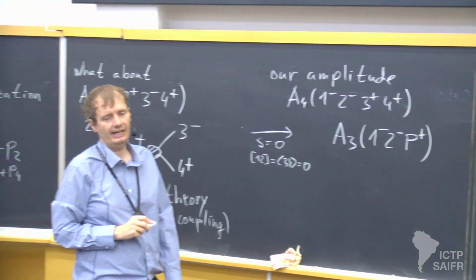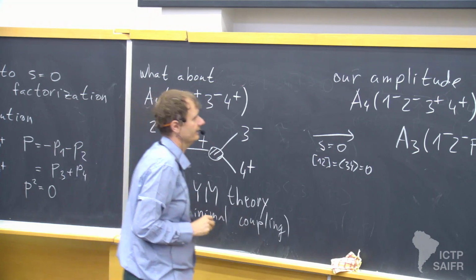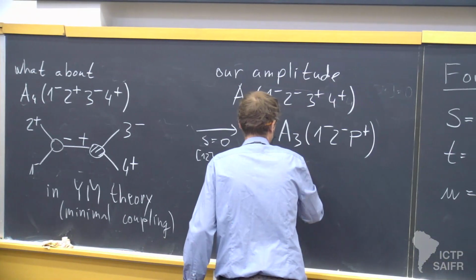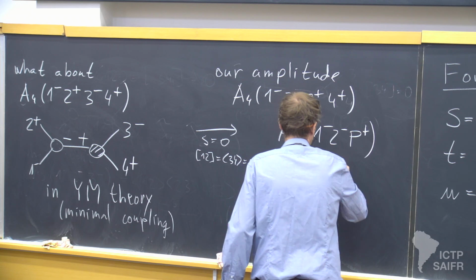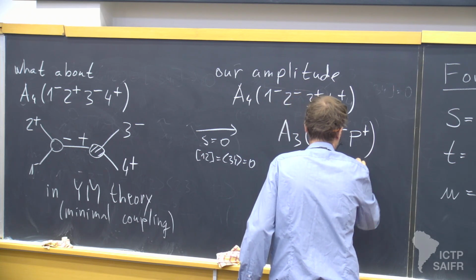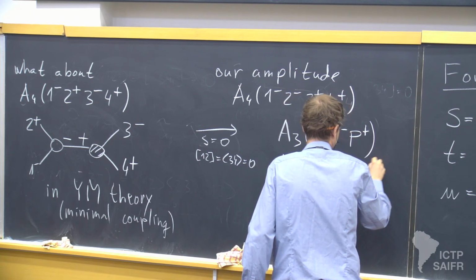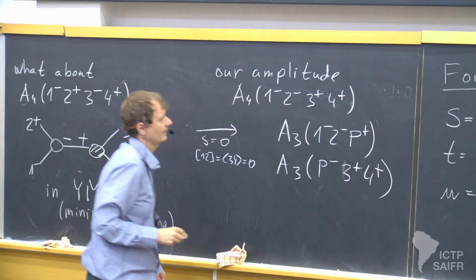P is this internal on-shell leg. And the other one was a 3-point amplitude with p minus, 3 plus, and 4 plus. Okay?